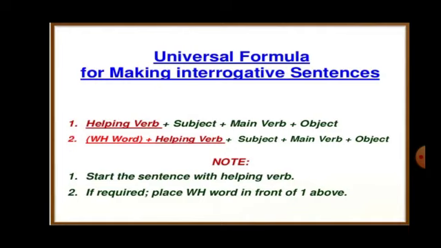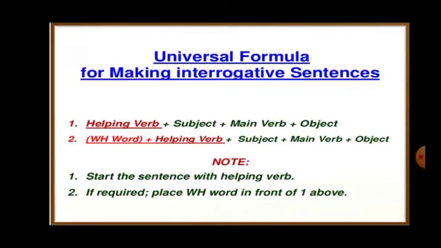Now let's move to the third form of sentence, that is the interrogative sentence. Universal formula for making interrogative sentences: helping verb plus subject plus main verb plus object. WH words mean who, how, what, which.